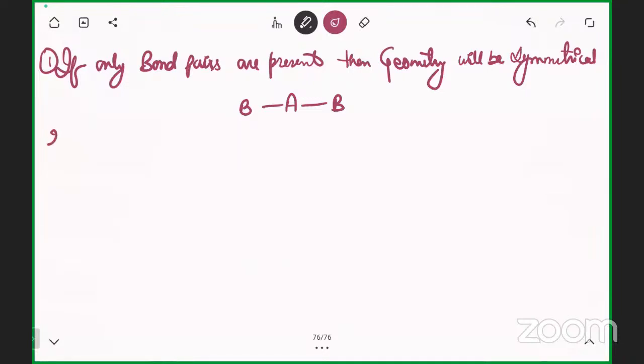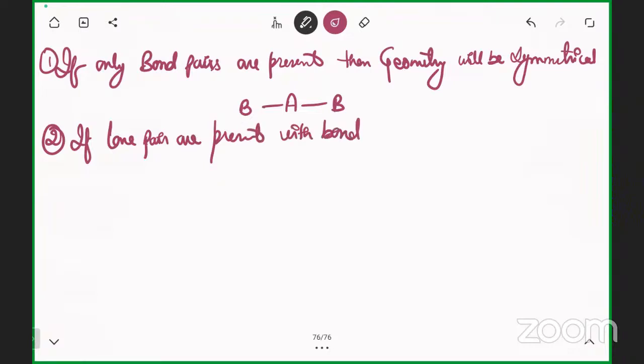But if lone pairs are present with the bond pair, I'm taking the same AB2 type condition, but A is having a lone pair. So this is A. A is having one lone pair, and here B and B. What will happen?